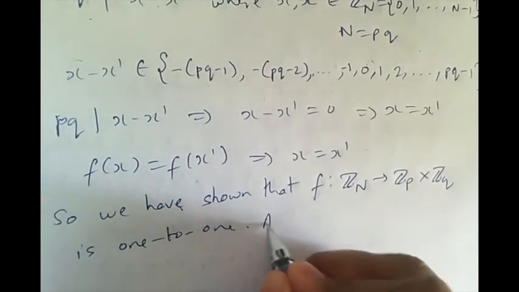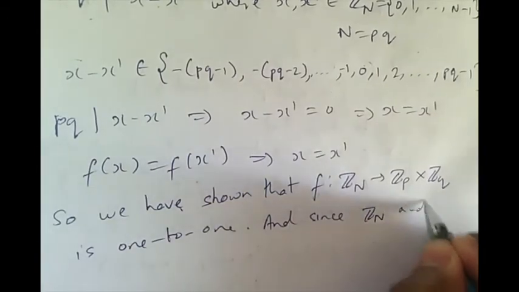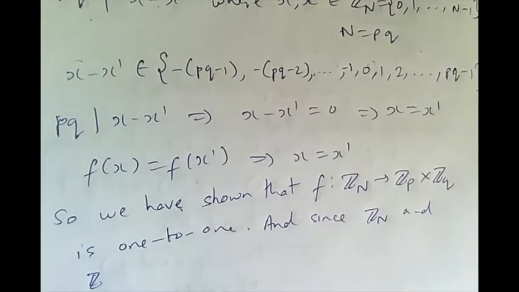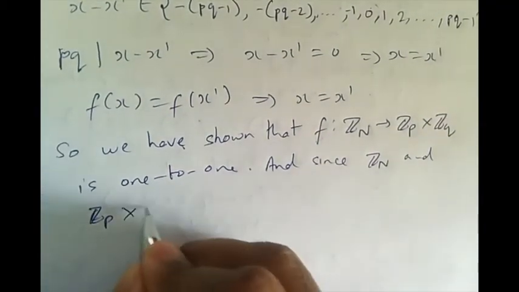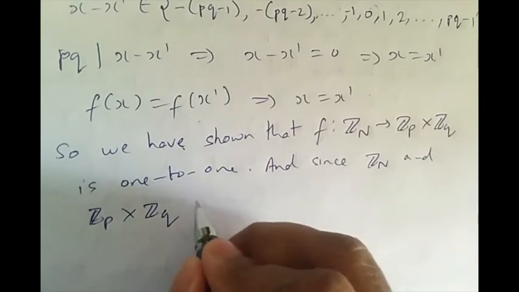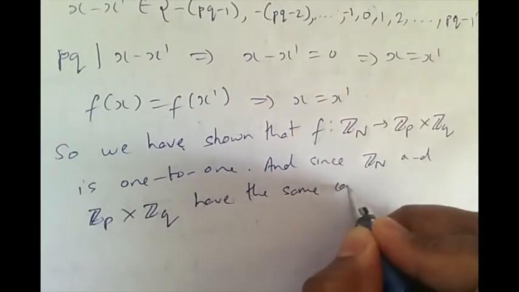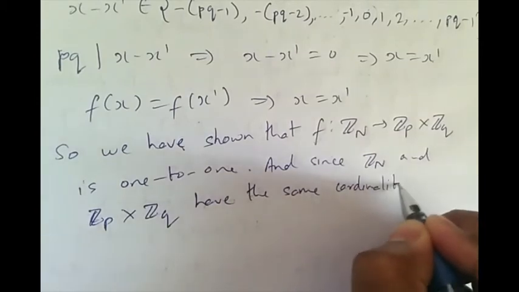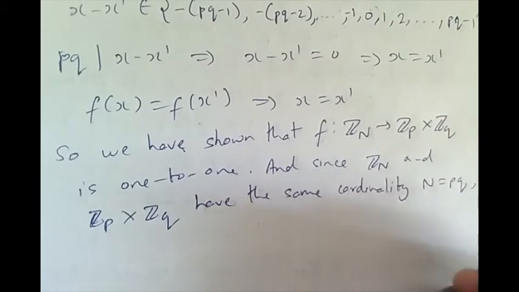And since Zn and Zp cross Zq have the same cardinality of p times q, f must be onto.